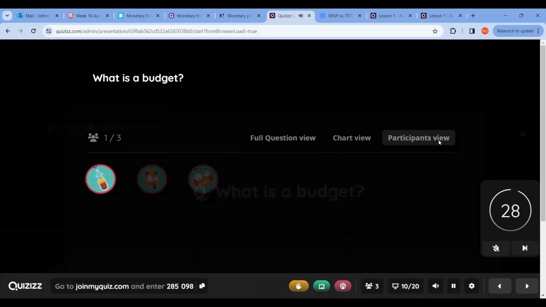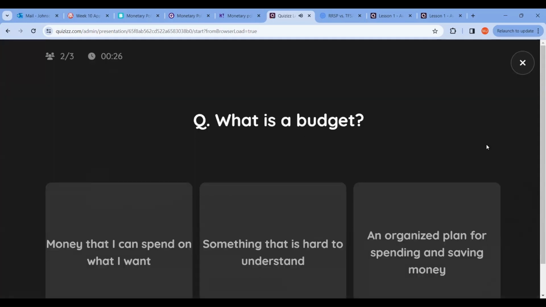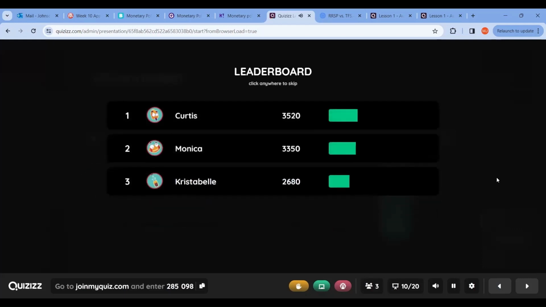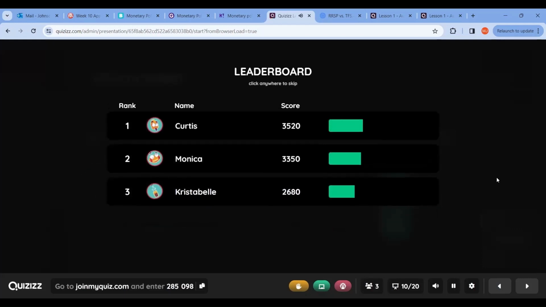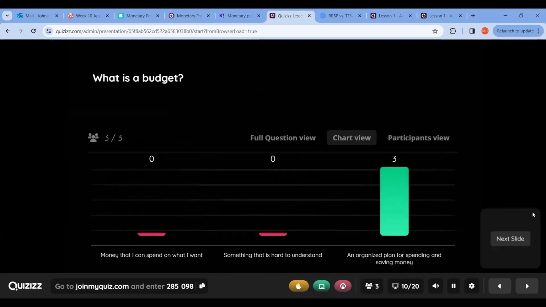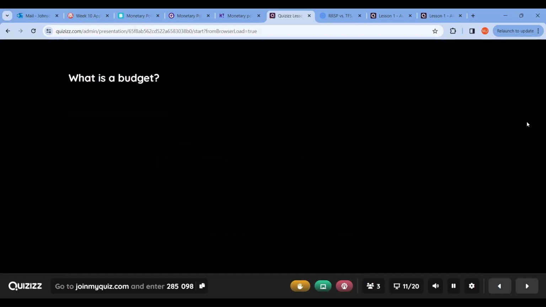So what is a budget? So an organized plan for spending and saving money, yes.